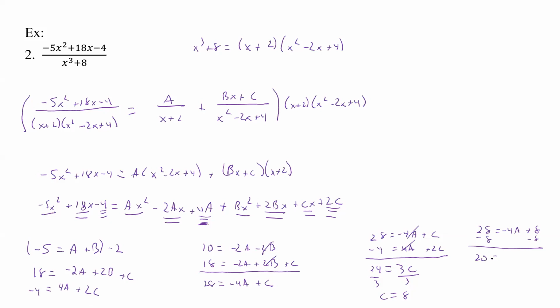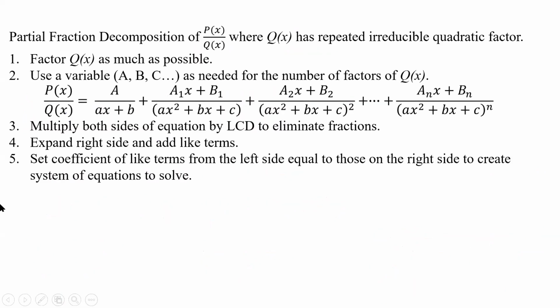So 20 equals minus 4a, divided by minus 4. A equals minus 5. Okay, so if a equals minus 5, now I can solve for b, and so then minus 5 equals a, and then minus, oops, that's the wrong thing, a is minus 5.